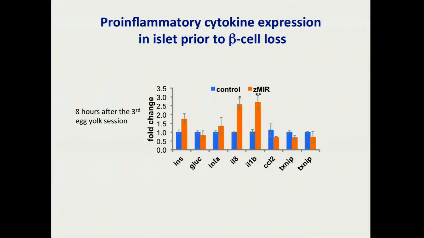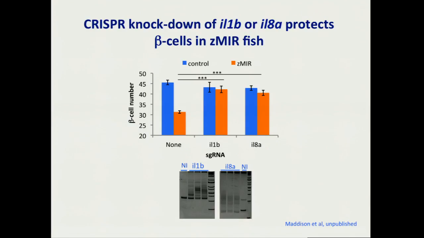But around 8 hours after taking them out, we saw an increase of both IL-1 beta and IL-8 expression. And knocking them out, again using the CRISPR approach, can result in protection of the beta cells.